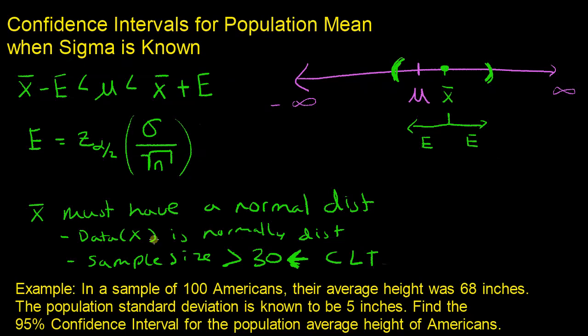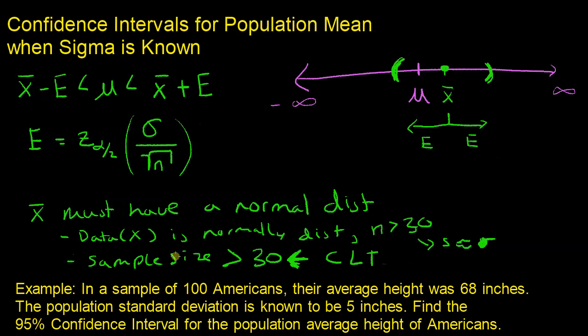Also, let's go through two different possibilities. Say n is greater than 30, or n is large. Then you can approximate sigma with the sample standard deviation. If the data is normally distributed, then whatever the sample standard deviation is, you can use it to approximate sigma.